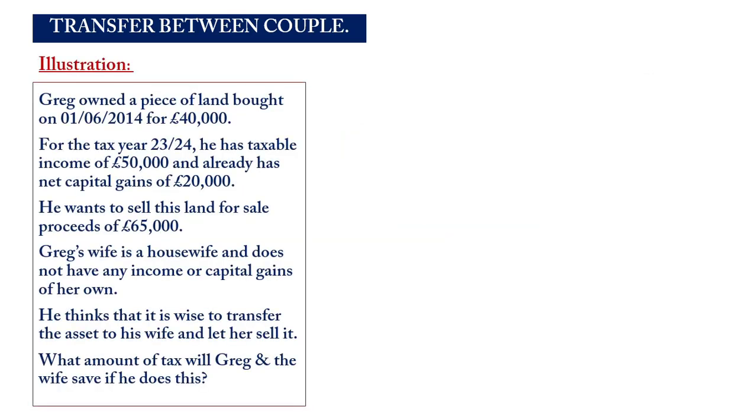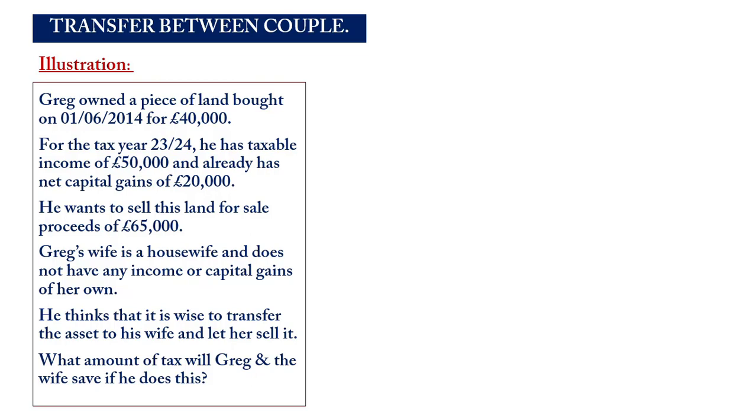Let's look at this scenario. Greg owned a piece of land bought on 1st June 2014 for £40,000. For the tax year 2023-2024, he has taxable income of £50,000 and already has net gains of £20,000. He wants to sell this land for sales proceeds of £65,000.